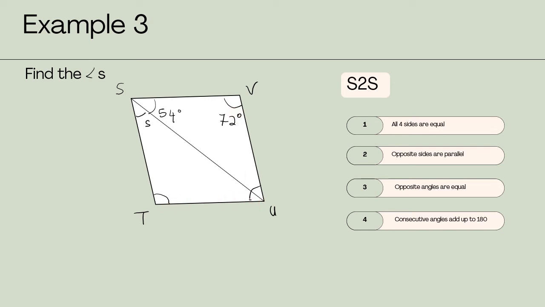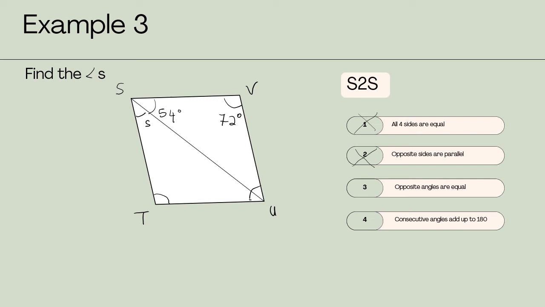So let's recall our property. The first one, all sides are equal, but we're not doing sides. Opposite sides are parallel. We're not doing sides again. Number 3, opposite angles are equal. Now, let's talk about opposite angles.